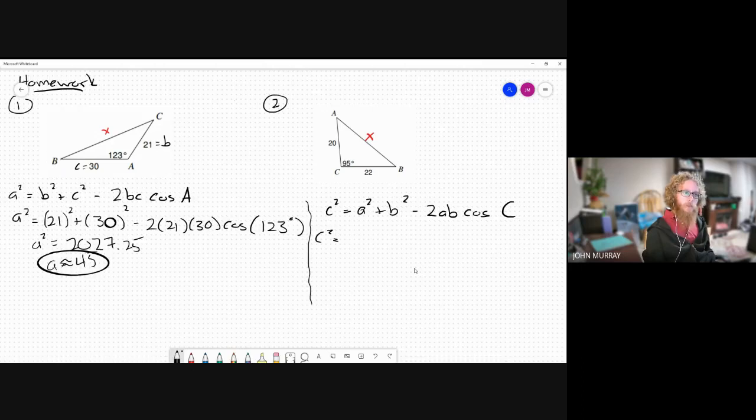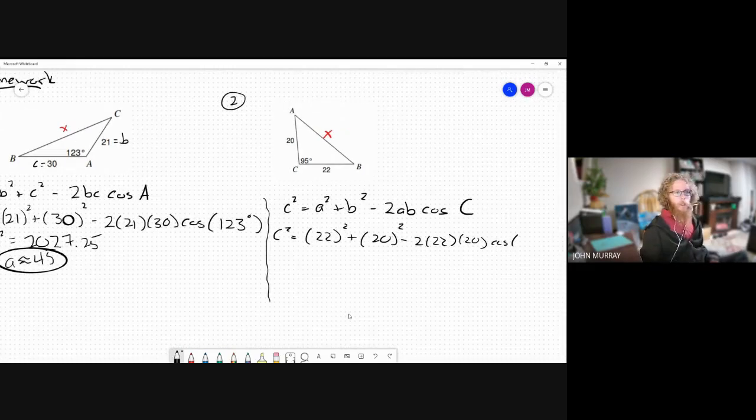So I have c squared equals 22 squared plus 20 squared minus 2 times 22 times 20 times the cosine of my angle here. I'm running out of room. Move over. The cosine of 95 degrees.